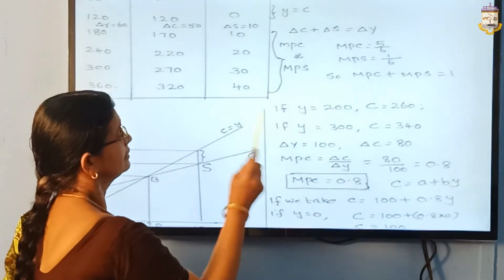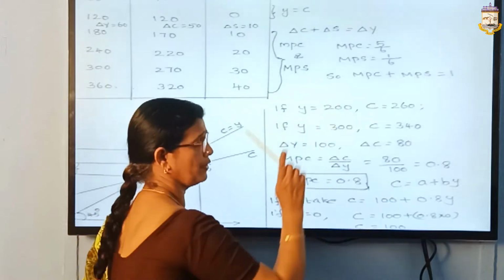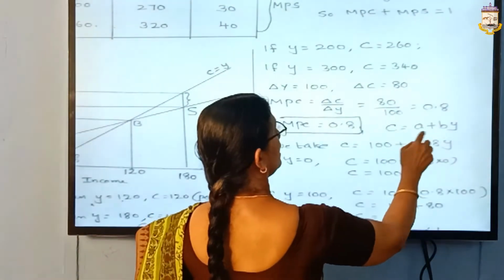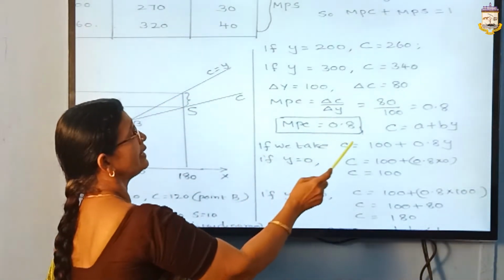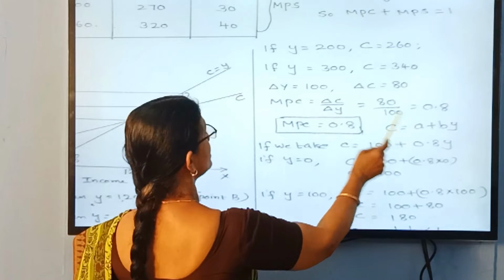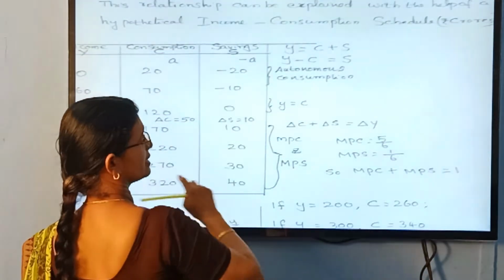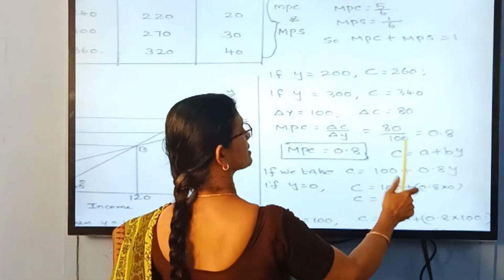Now we can express this consumption function in the form of this equation, that is C equal to A plus BY. In our case, A is autonomous consumption.